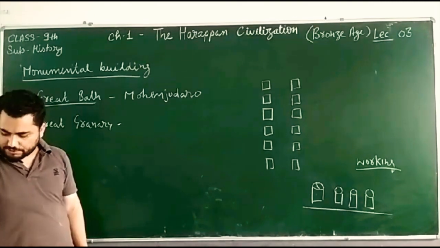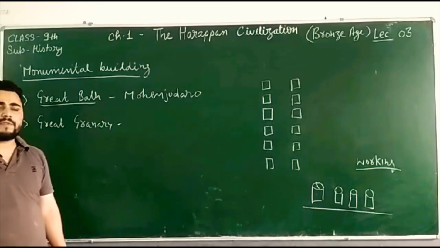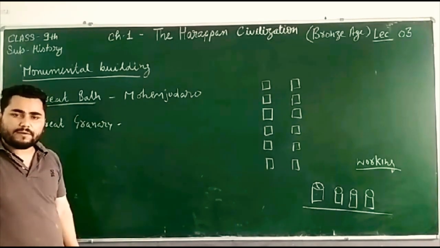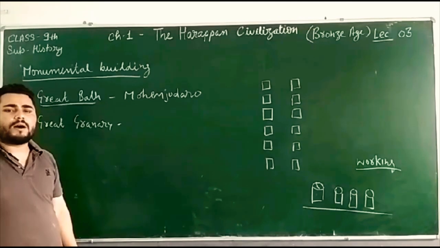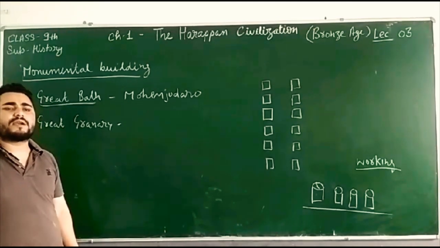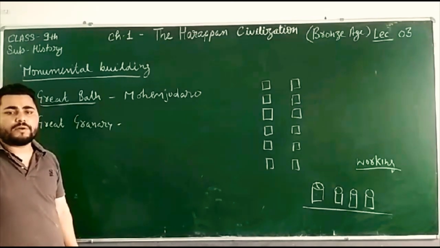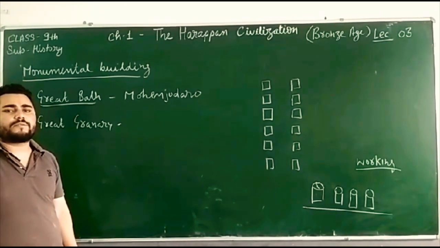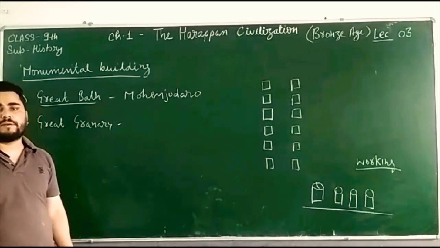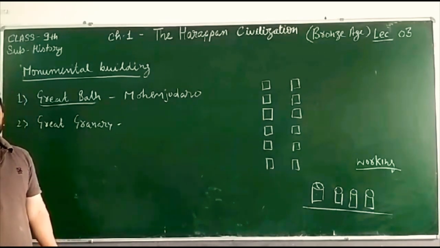And we have also studied that they had a very efficient drainage system. Their drains were covered. Their drains from the houses were joined with the main drains, and we have also studied that the houses on the corners of the streets were rounded so that the carts may turn very easily, right? Otherwise, carts could have got stuck there, right, because of the corners of the houses.